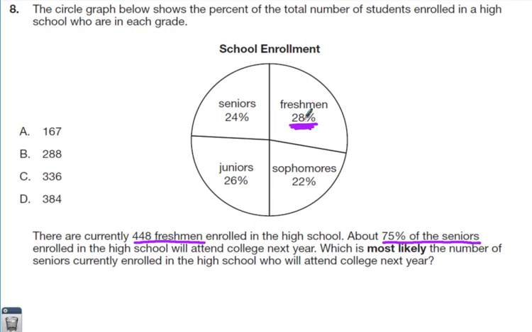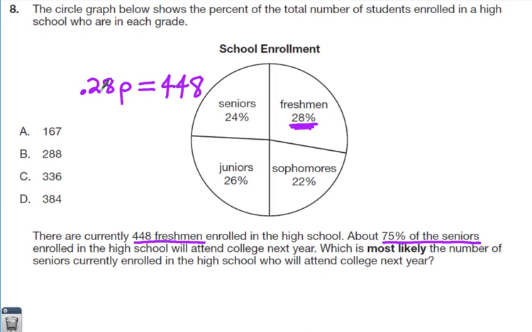I'll call the entire population P. So I can write 0.28, 28%, times the entire population equals 448. This is just one way to figure this out.